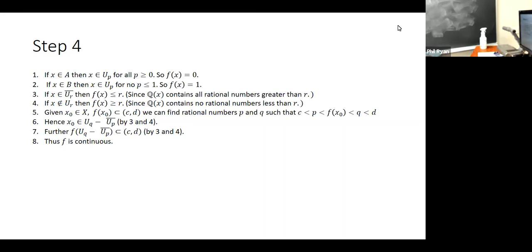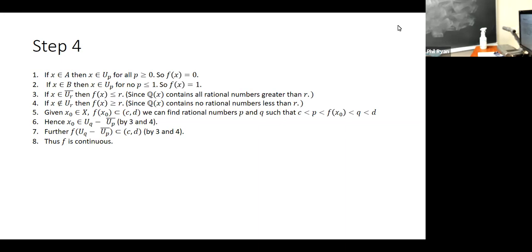Okay, so what do we have to do to show continuity? We just have to show that an open set gets pulled back to an open set. So if we've got x_0 in our space, f of x_0 is going to be some number between 0 and 1. So let's put it into some open interval (c, d).